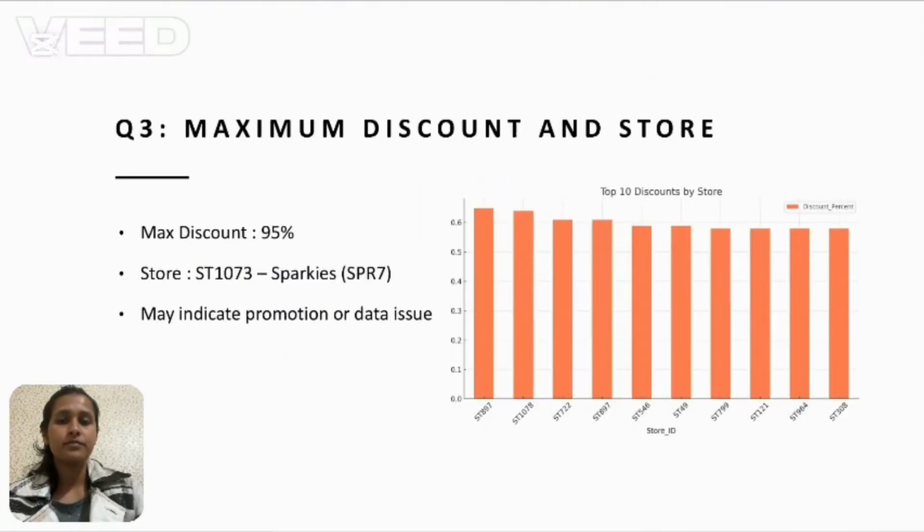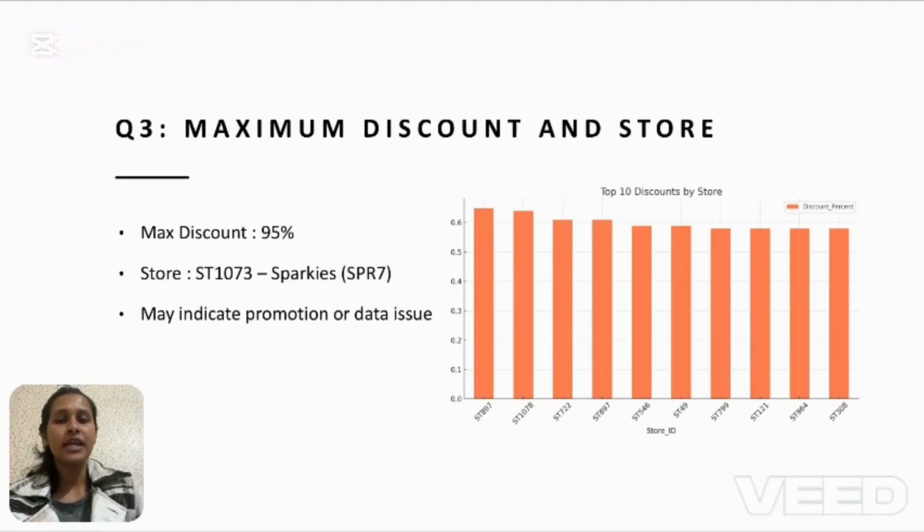Then, when moving to the third question, it asked about the maximum discount and the store that offered it. Discounts can have a substantial impact on profitability. We sorted the discount percent column in descending order and found that the highest recorded discount was 95% given by SG1073 Sparkies.